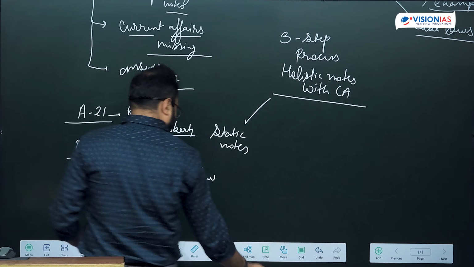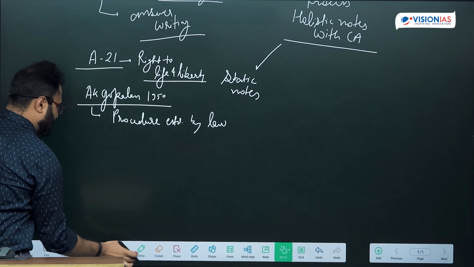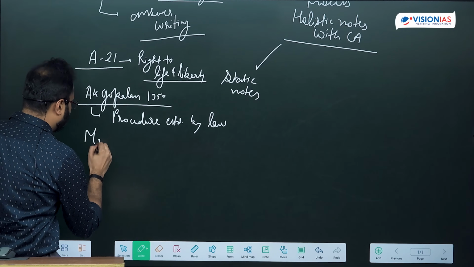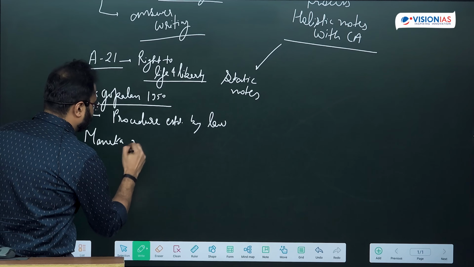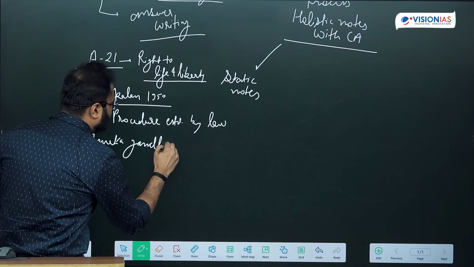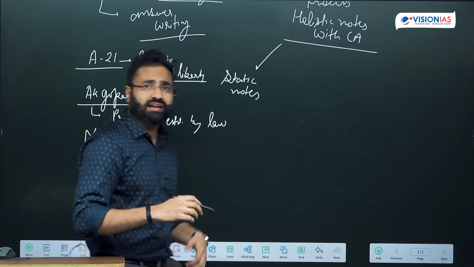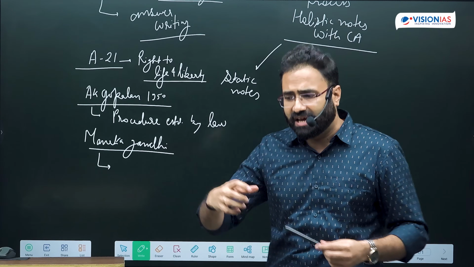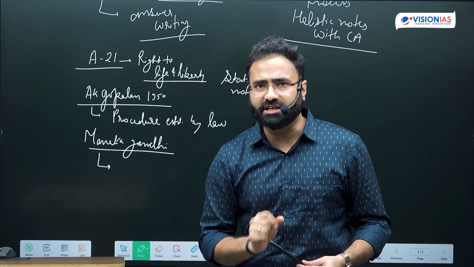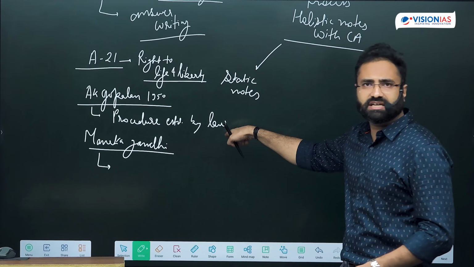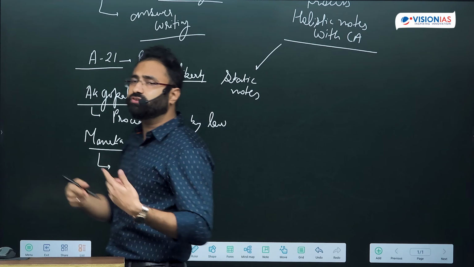But then in 1978, there was another interpretation in the Maneka Gandhi case. In that case, the Supreme Court interpreted that the right to dignity is also part of this. And eventually the interpretation was that when the procedure is established, you have to check the fairness also.